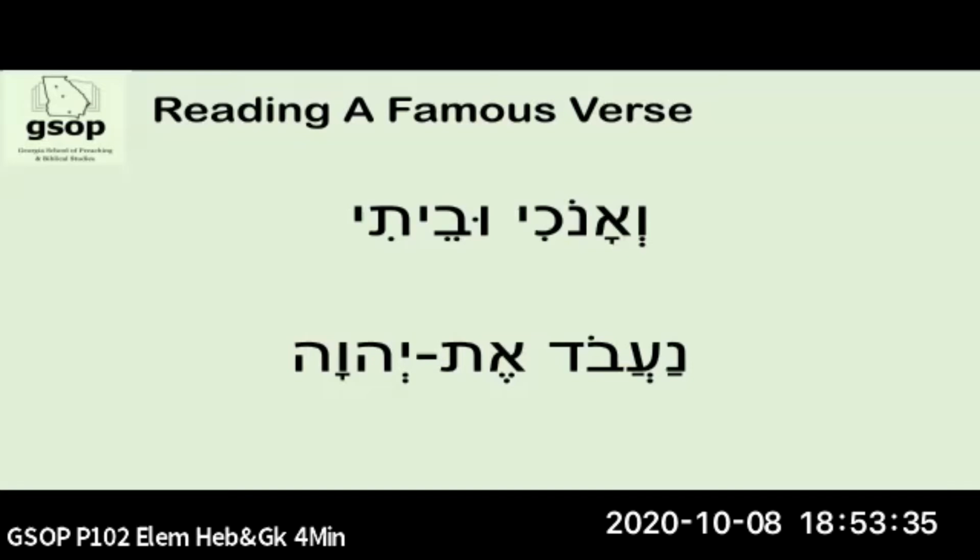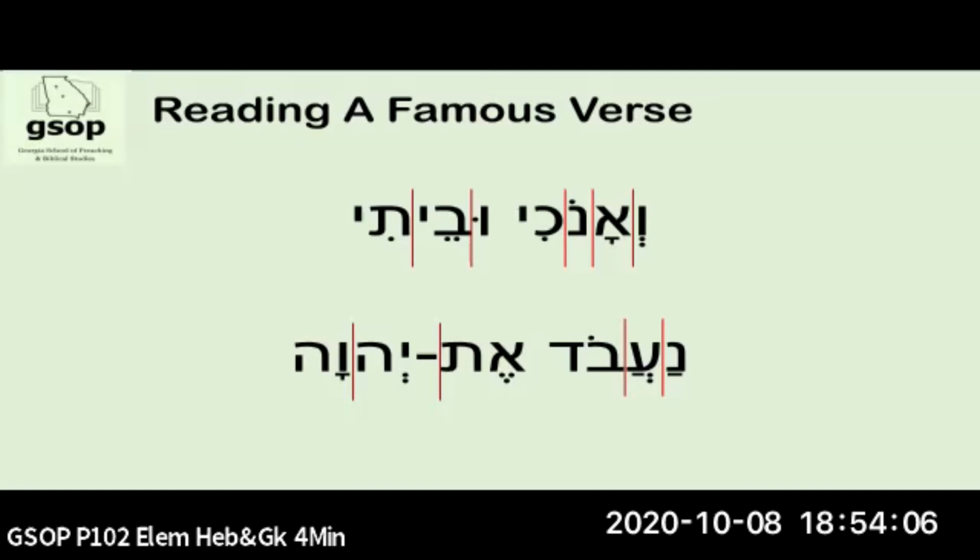I'm going to assume that nobody knows what this is, but let's look at how we pronounce it. You have the vav with the sheva underneath it. That is pronounced as a vocal. It's the first letter in the word, and so that will have its own syllable, va, and then you have the aleph with the kamatz underneath it. That was its own syllable. So every consonant with a vowel is a syllable.